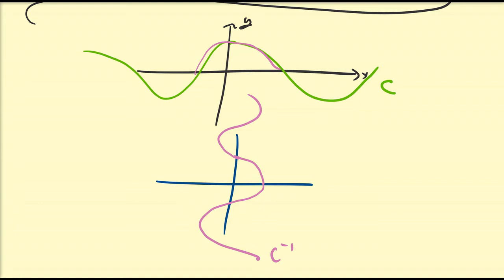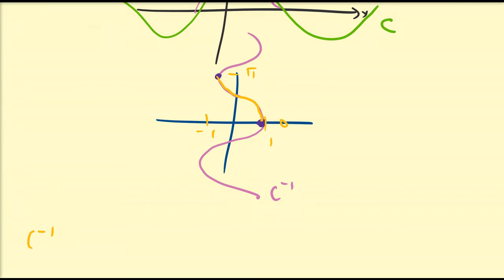Now take a moment to think, what should my principal branch for this function be? I'm going to choose these to be my branch points, so I'm going to let this be my principal branch. So again, this is minus 1, 1, and this is going to be pi to 0. So C inverse, and some people will abbreviate this as arc cosine.